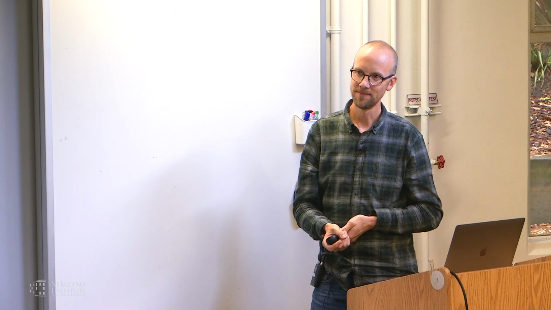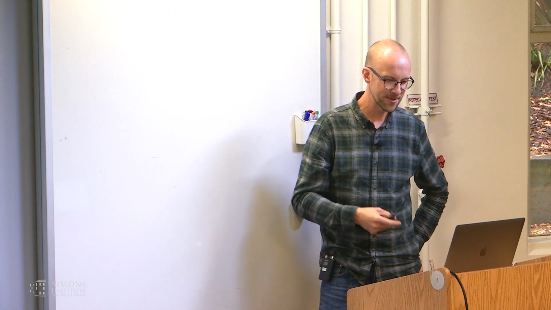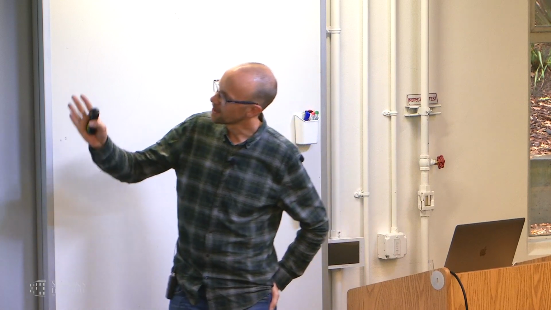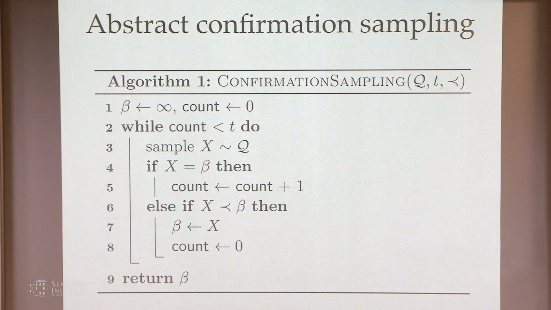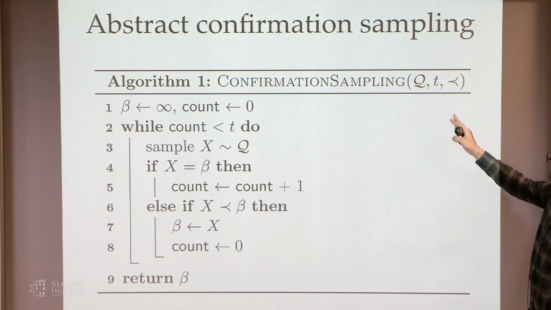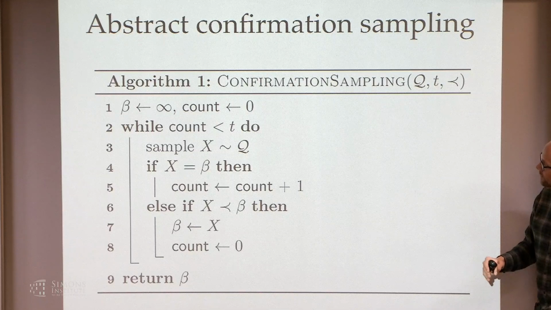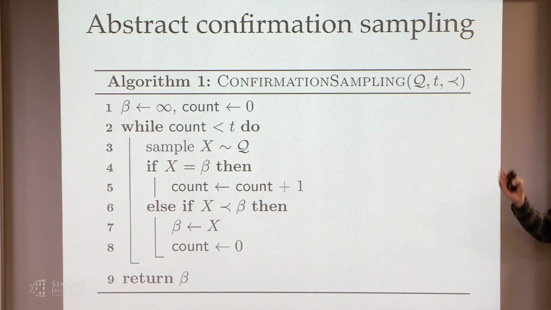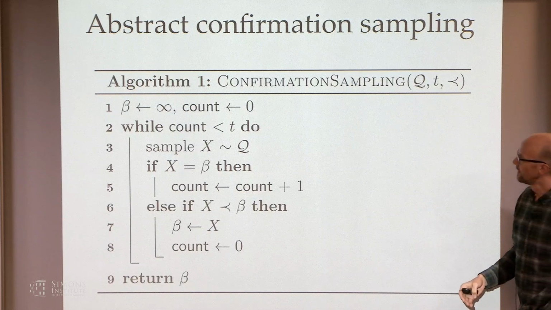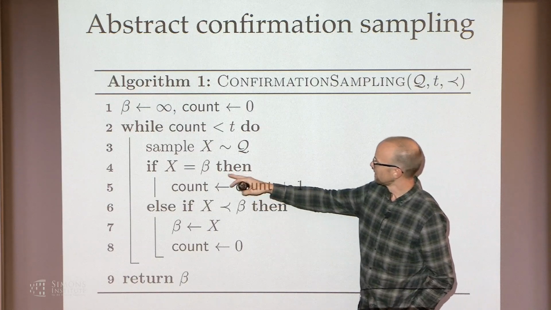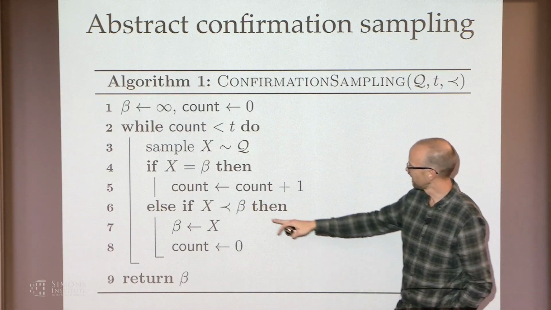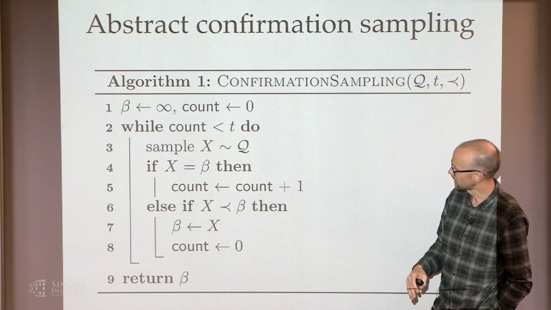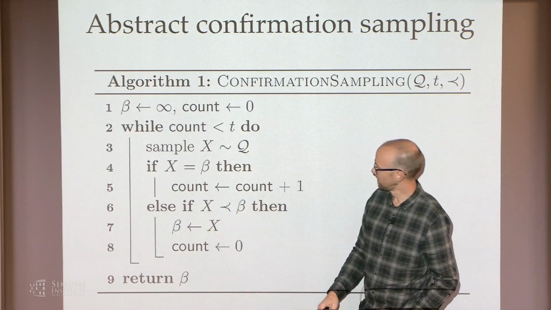All right. So this actually is an abstract algorithm, and you can write it up abstractly. We have some way of sampling from a space, and we're looking for the smallest element from the support, according to some order. If we sample something equal to the smallest element seen so far, we increase our counter. If we sample something smaller than the smallest seen so far, we update the candidate and set the counter to 0.